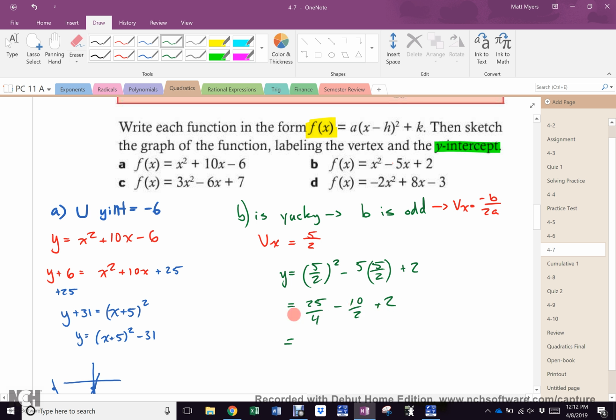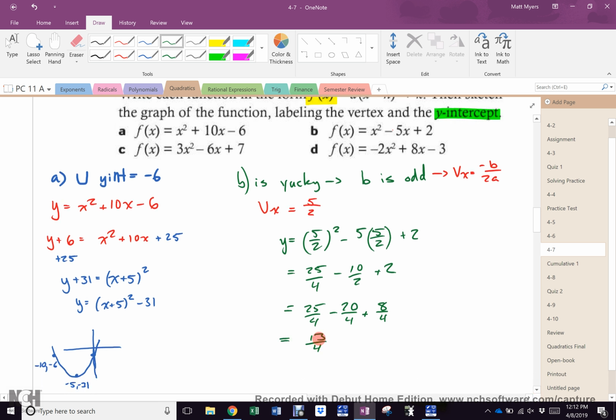My common denominator is 4. Sorry, not plus. So is that a y or an x value? That's a y value.